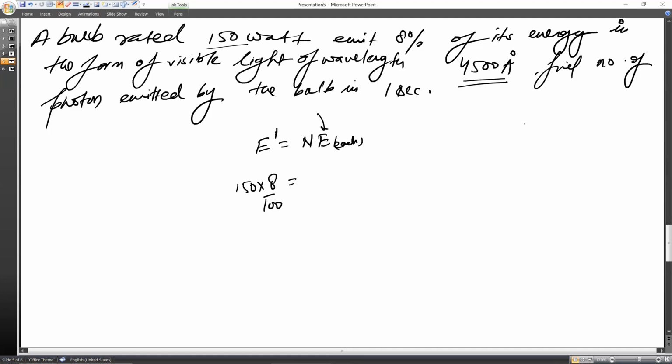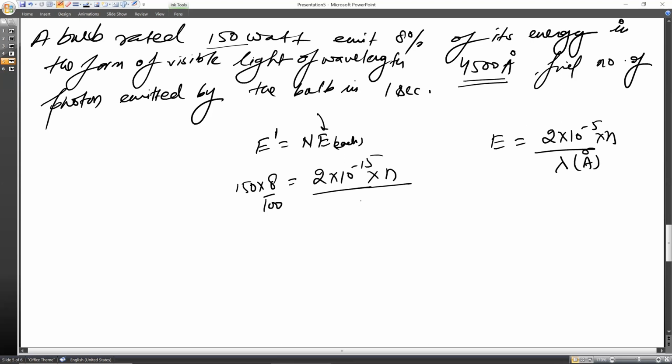Energy is in joules, so the formula is 2 into 10 to the power minus 15 upon, into number of photons, upon wavelength in angstrom. So that would be 4500.